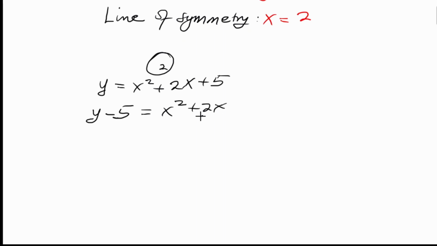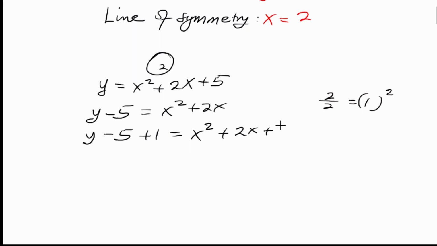Then we take half of the b, which is the coefficient of x, and that will be 2 divided by 2, and that is 1. After that, we square the 1 and add it to both sides of the equation, and that will become y minus 5 plus 1 equals x squared plus 2x plus 1.